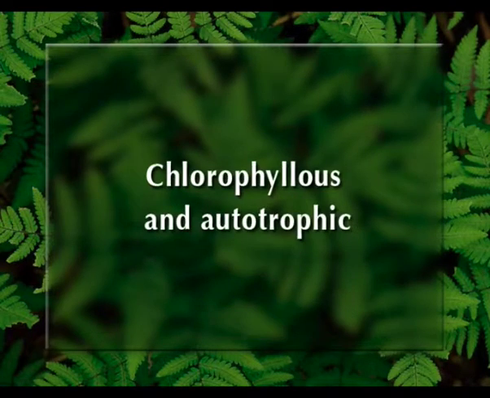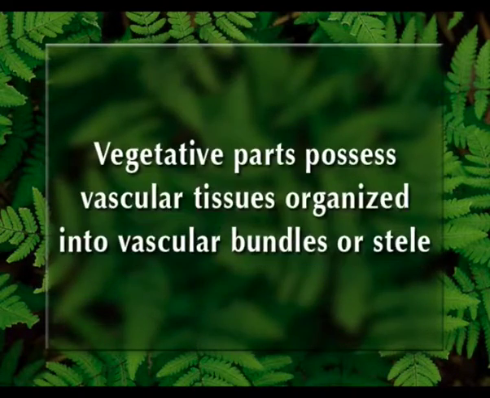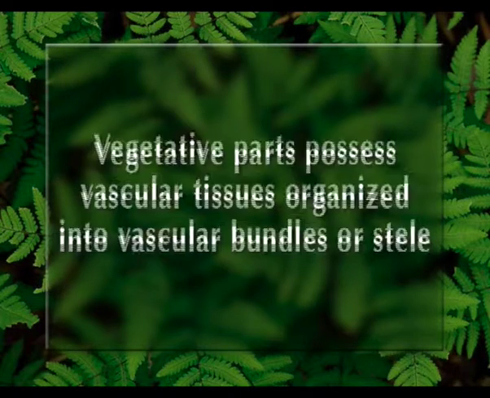The leaves are chlorophyllous and autotrophic. All vegetative parts of pteridophytes possess vascular tissues, which are organized into a system we call vascular bundles, or a collective term is used, stele.